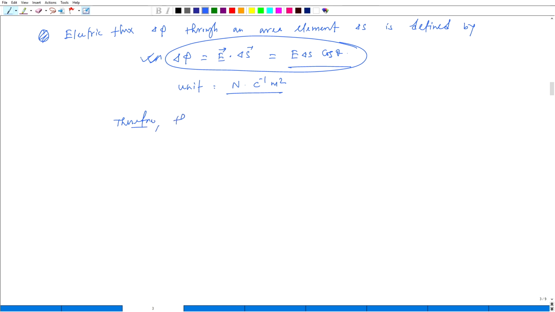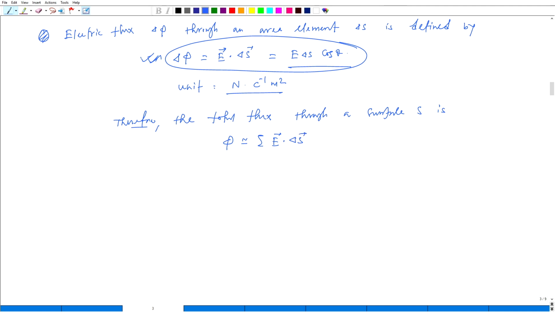through a surface S is phi approximately, why we consider this approximate, I will come to this point, the sum over E dot delta S vector.